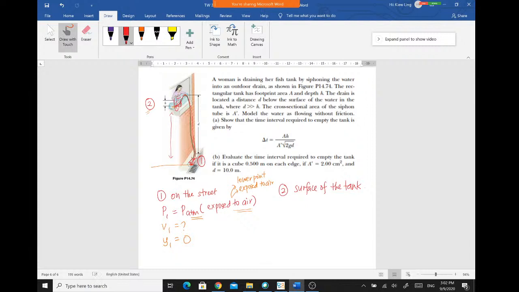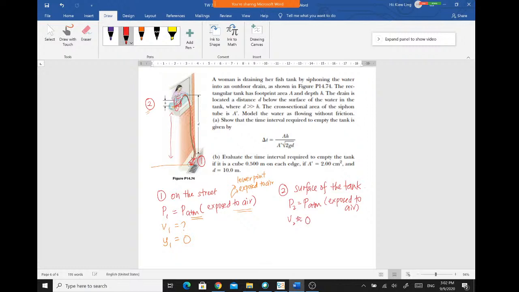Now look at point 2. At point 2, the absolute pressure is also equal to atmospheric pressure, because on the surface it is also exposed to air. The velocity is assumed to be 0.